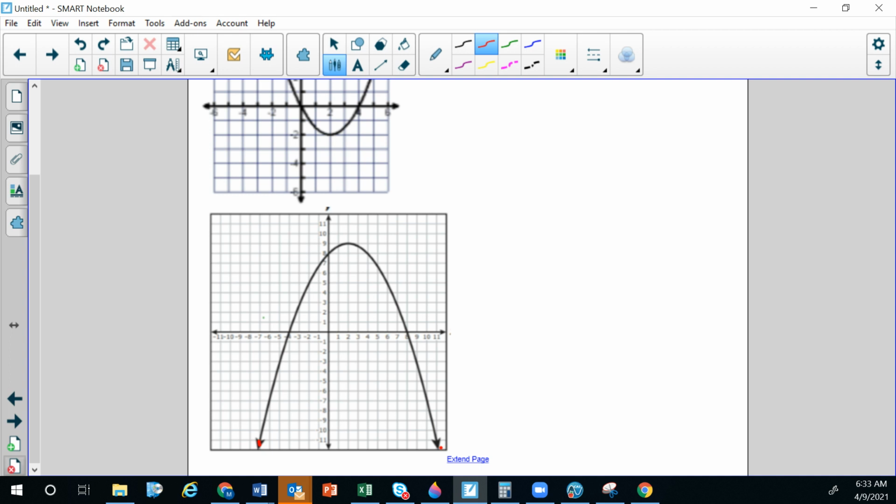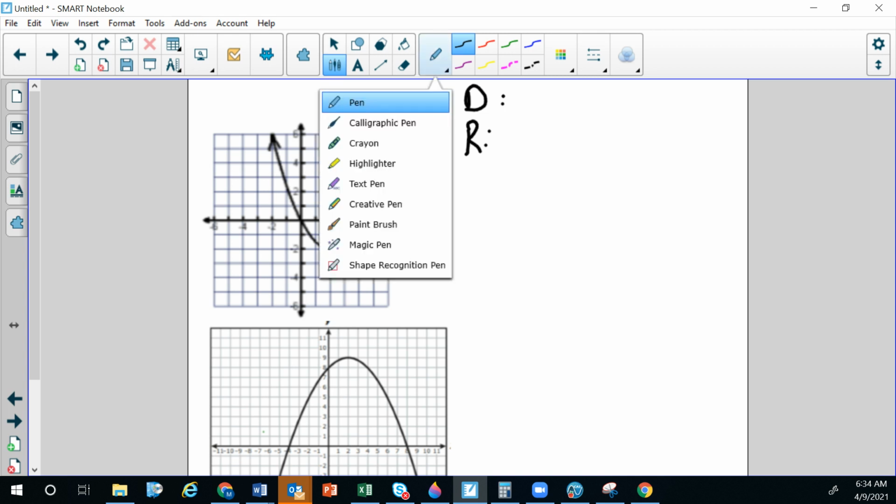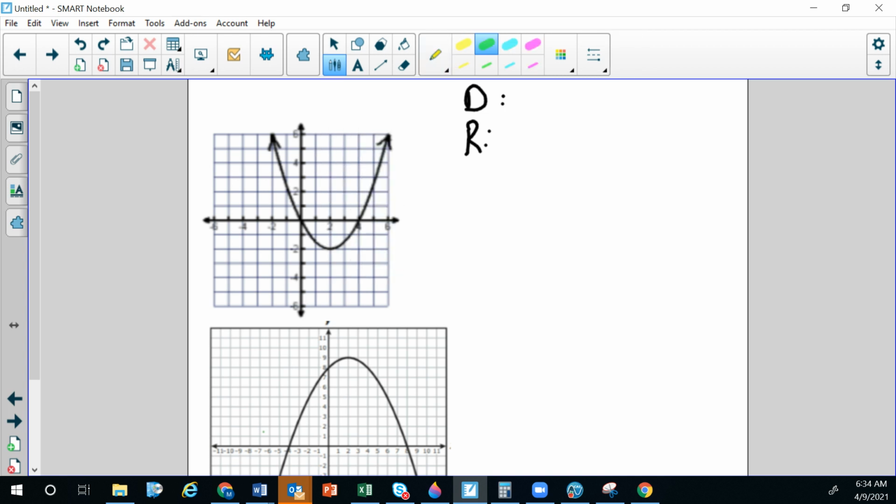All right. So let's go ahead and work on this. So let's put D for domain and R for range. Okay. All right. So when you try to find a domain, what I want you to do is draw a line on the left side of the graph and on the right side of the graph, because domain again are x values, and that's on the x-axis.